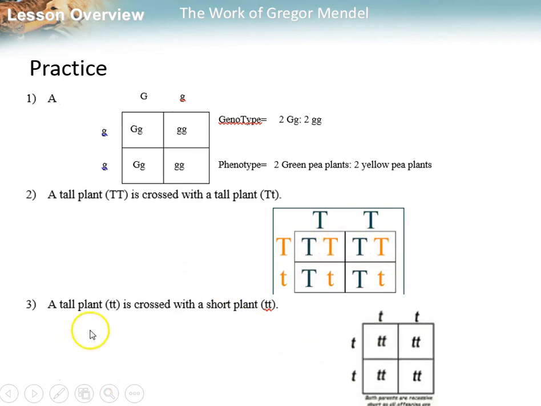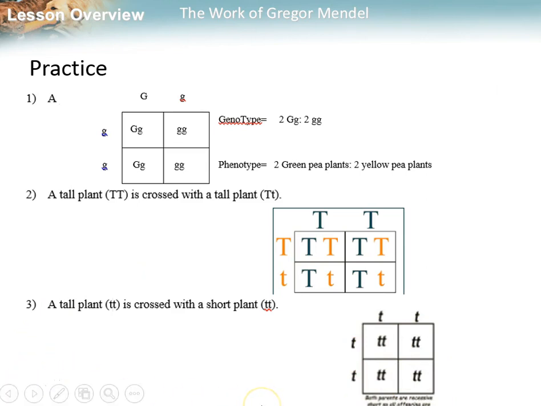On the final one, you have little t crossed with little t. So you have 2 recessive parents crossed together. All of the offspring are going to be homozygous recessive. So all of the offspring are going to be short.